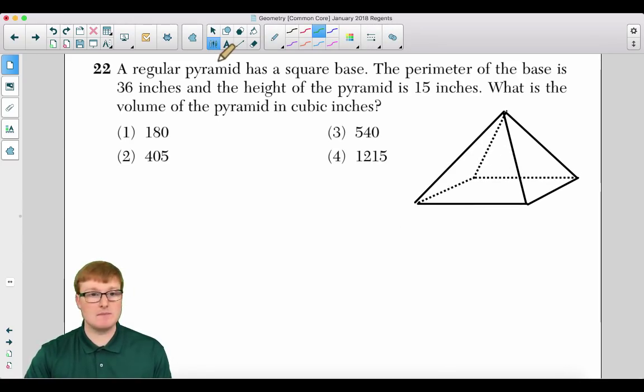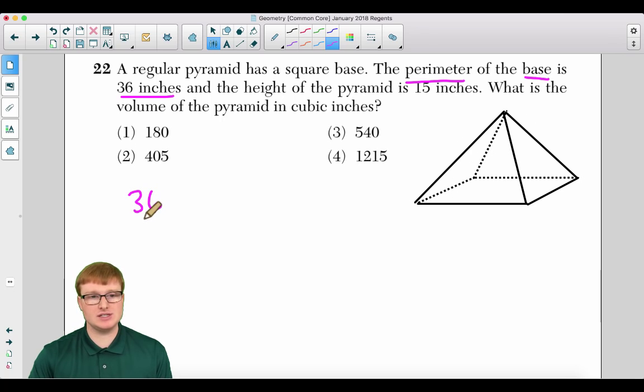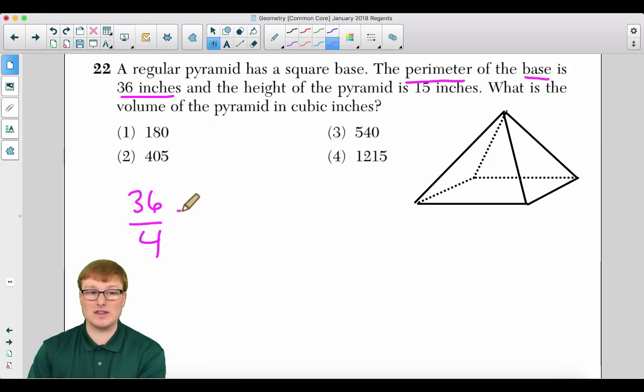So it says the perimeter of the base is 36 inches. Well, if the perimeter is 36 and it's a square, which has 4 sides, then to solve for the length of each side, you just divide that by 4, and that gives you 9.